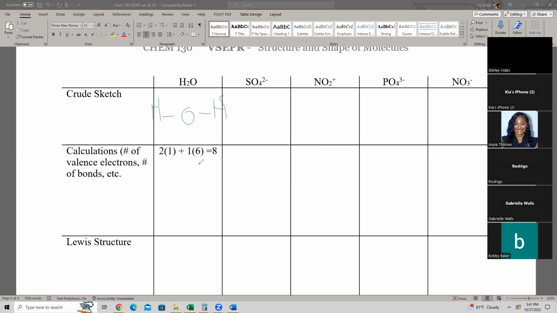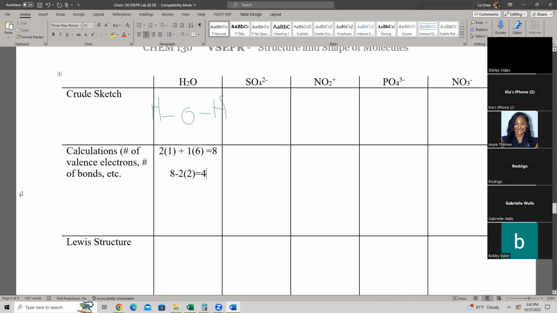Now, let's keep the calculations going, because you have to do one more calculation after you figure out how many bonds you got. Once you do that, you say 8 minus. You have 2 bonds, right? And each one of those is 2 electrons. So that gives you a total of 4 left.